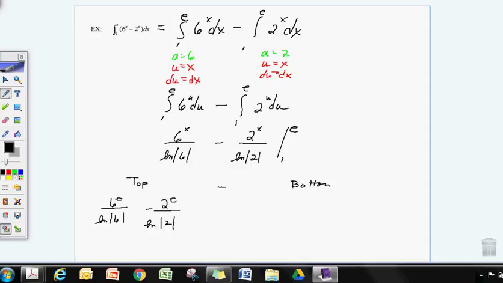Okay, so that's my entire top. Subtract. My bottom would be 6 to the first over natural log of 6, subtract 2 to the first over the natural log of 2.